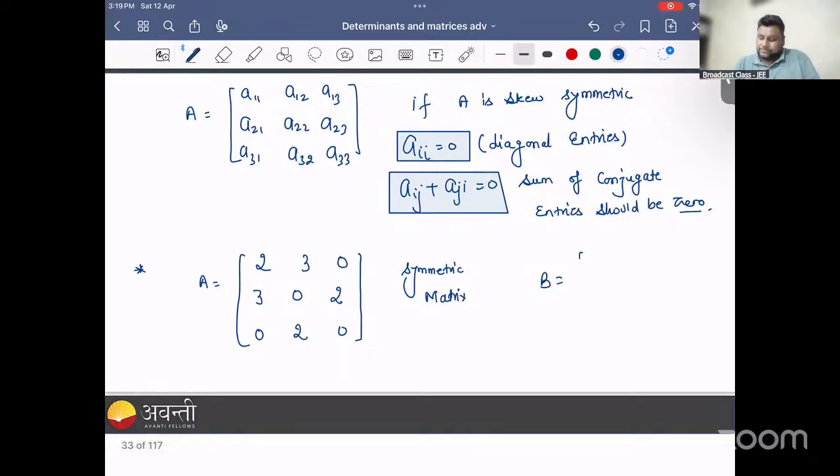Now say a matrix is 0, 0, 0, 2, minus 2, 0, 0, 0, 0. Okay, what kind of matrix is it?